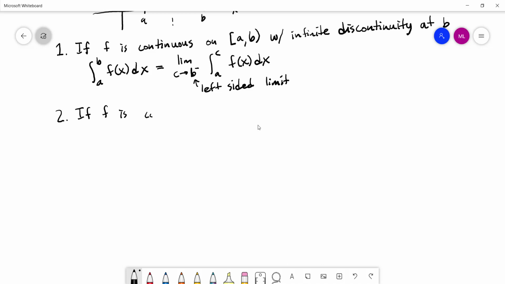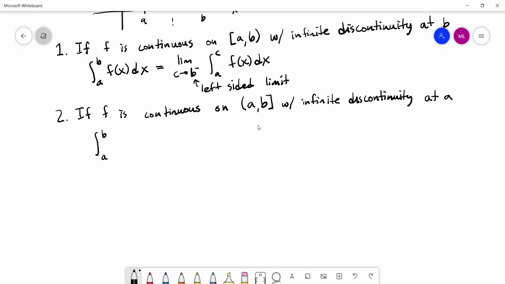So if f is continuous on (a, b], where now I'm not including a, with an infinite discontinuity at a, then our integral from a to b of f of x dx is going to be equal to the limit as c goes to a from the right of the integral from c to b of f of x dx.